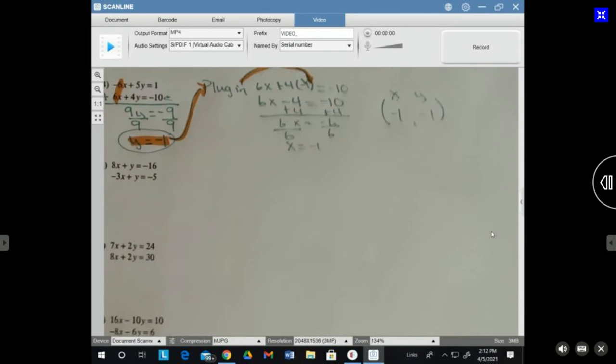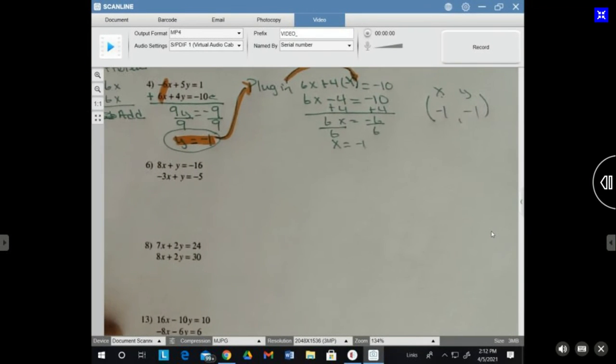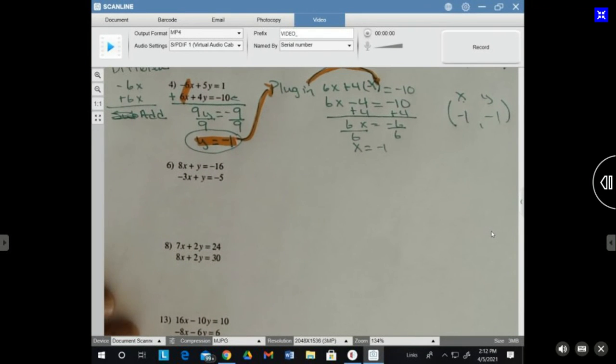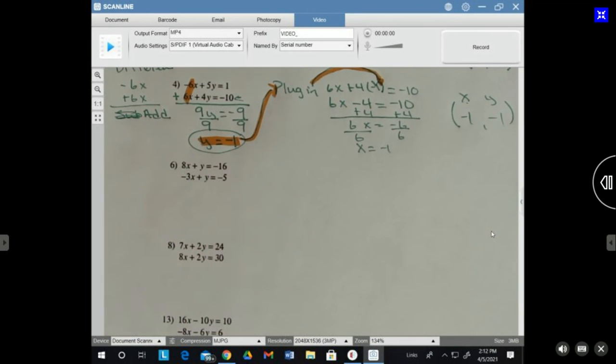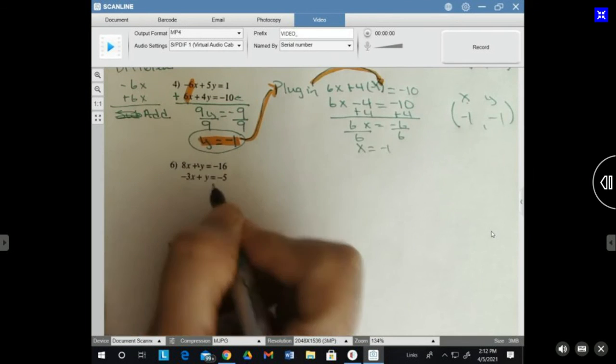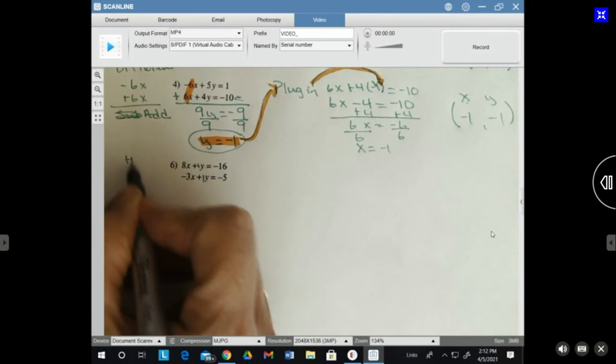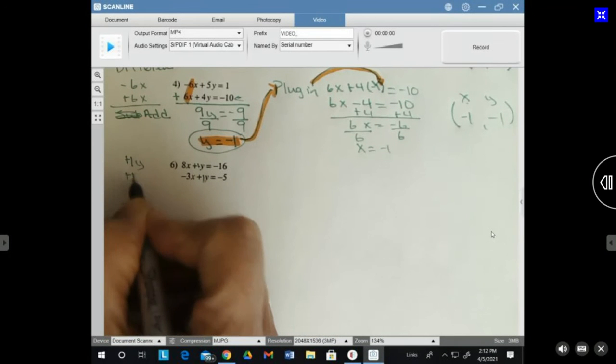All right, what about problem 6? Who, why, and how should we eliminate on problem 6? The x's or the y's? Okay. And they both have a positive 1, right?